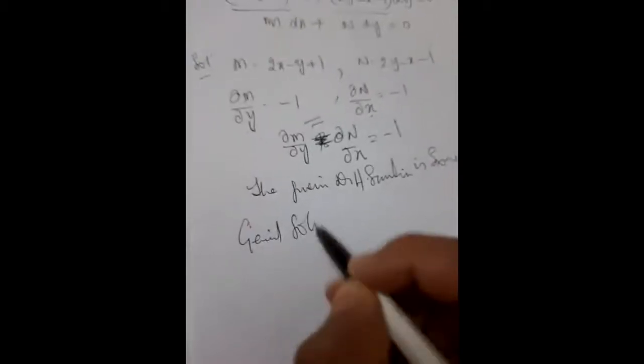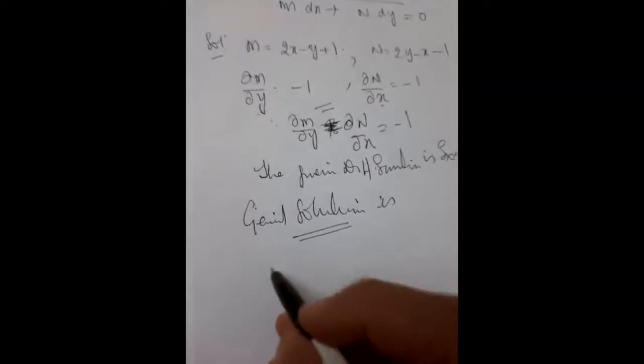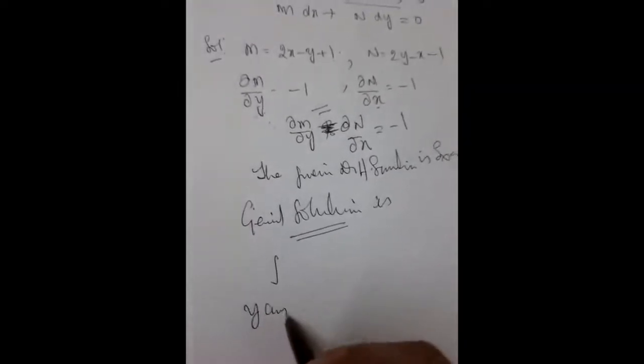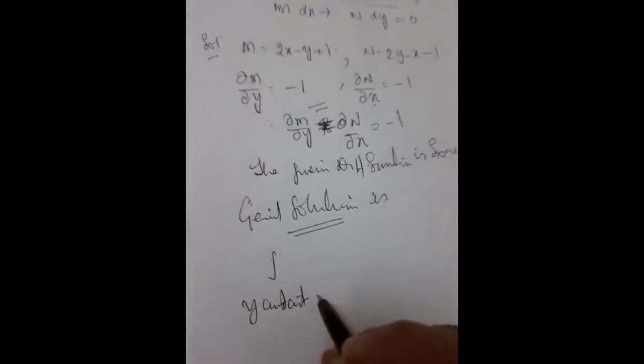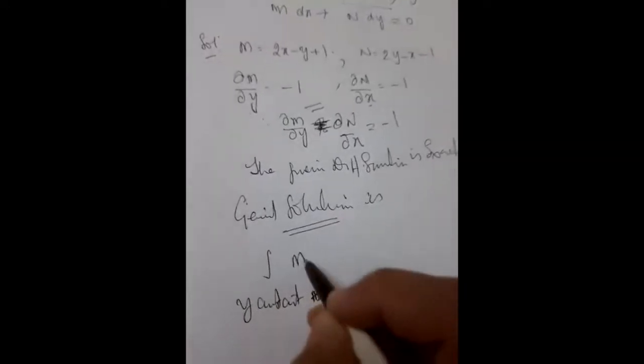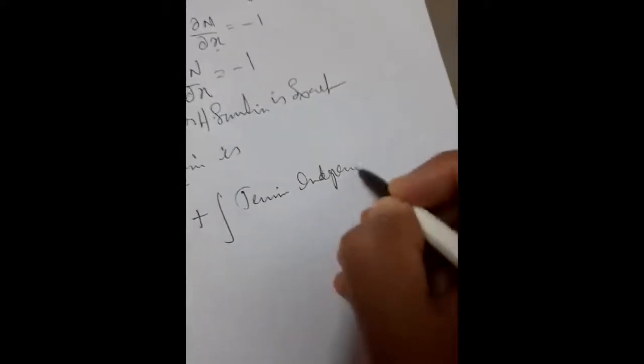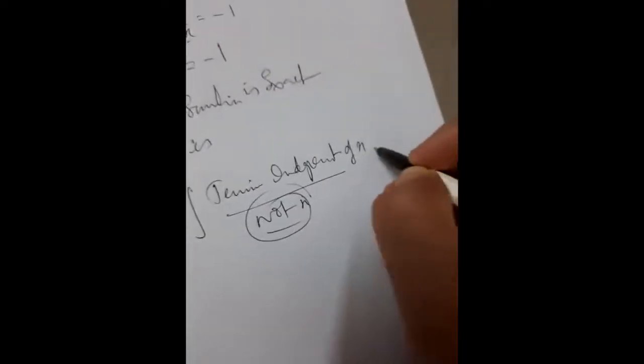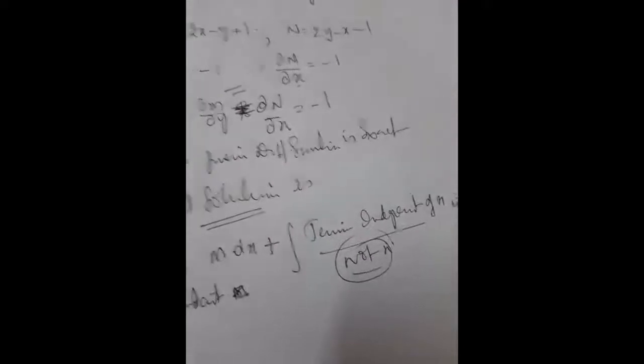So what is the general solution? As I told you, it is the integral of M dx with y constant, plus the integral of the terms in N independent of x, dy, equal to c.